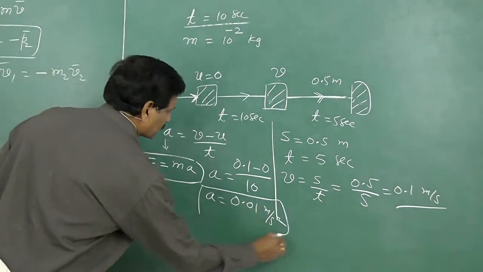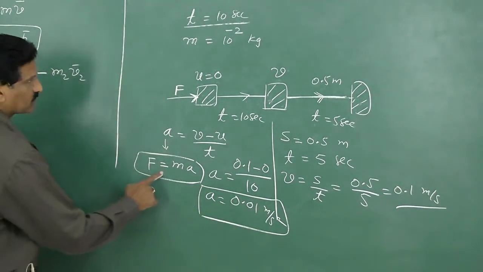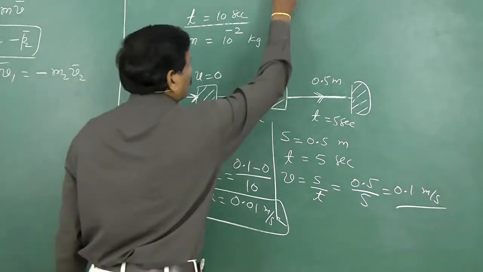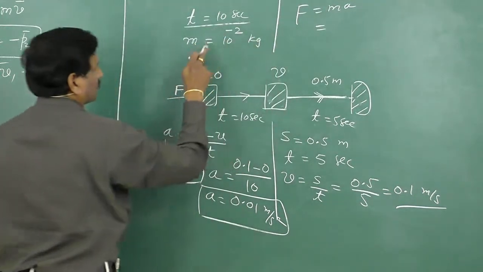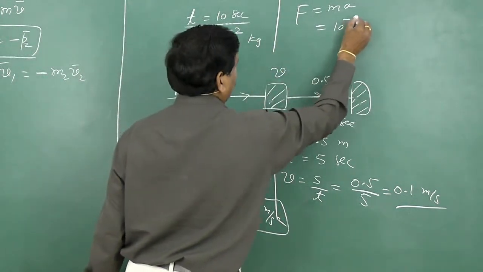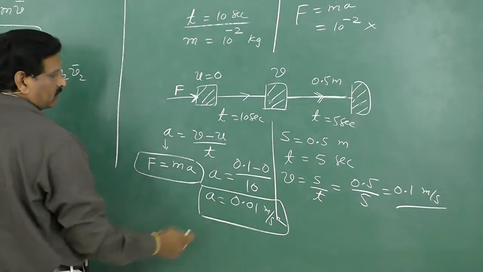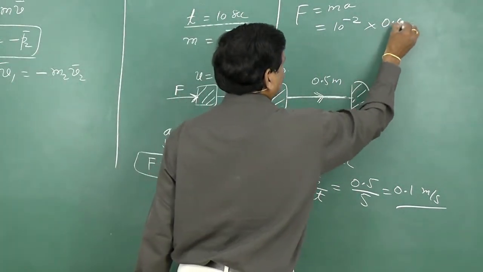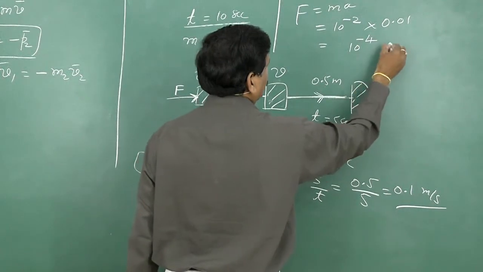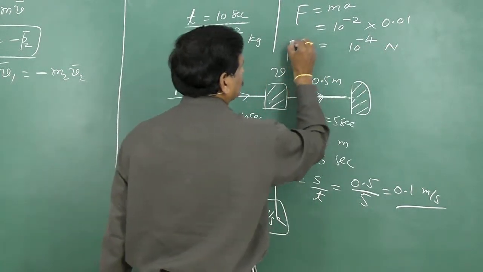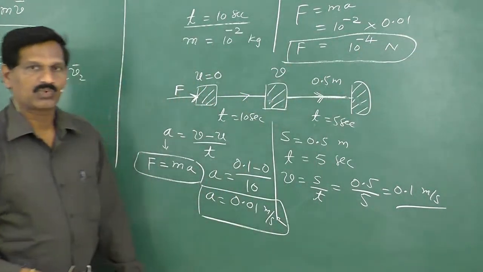This is acceleration. Then force, you can write F is equal to ma. Here mass is given as 10 power minus 2 into acceleration as 0.01. So this is 10 power minus 4 Newton. So this is the force applied on the body.